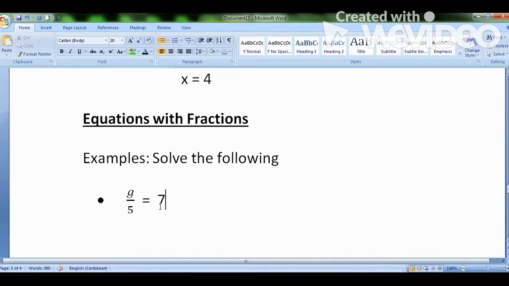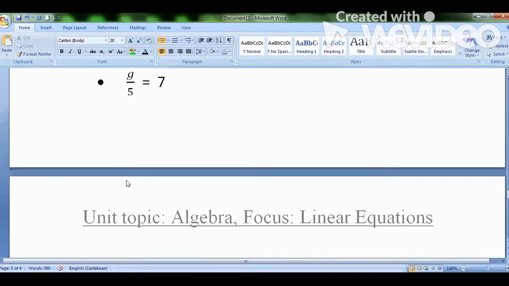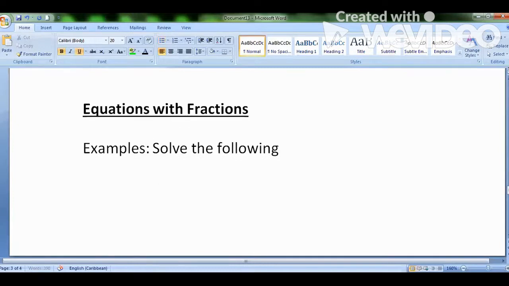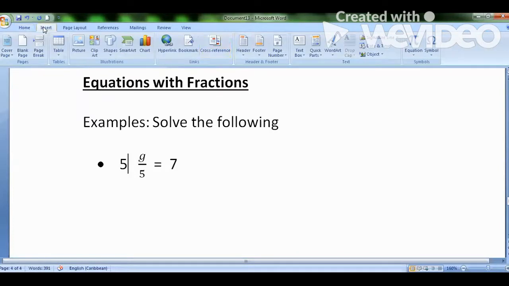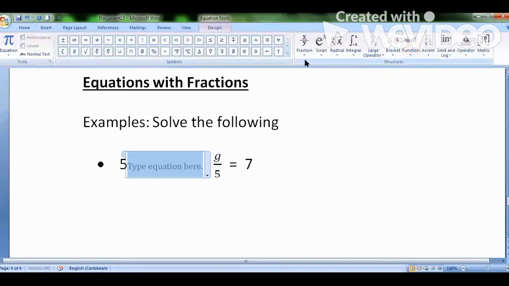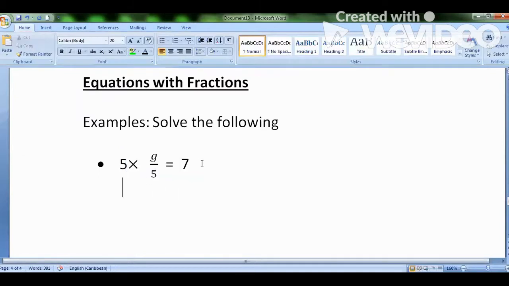All right. So what we're going to do, to solve this, is multiply both sides by 5.